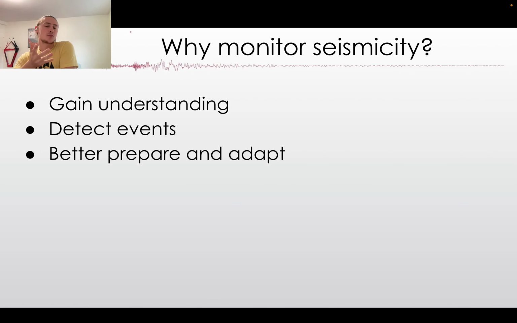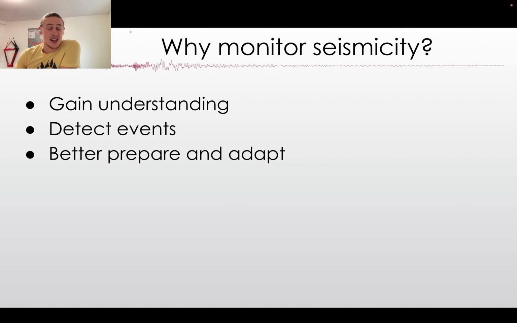Then we can better prepare and adapt, prepare for events that might be bad. Seismicity involves earthquakes, volcanoes, tsunamis and such. But think about weather too, and learning how to monitor it so that we can prepare for storms. It's all about preparing and adapting.